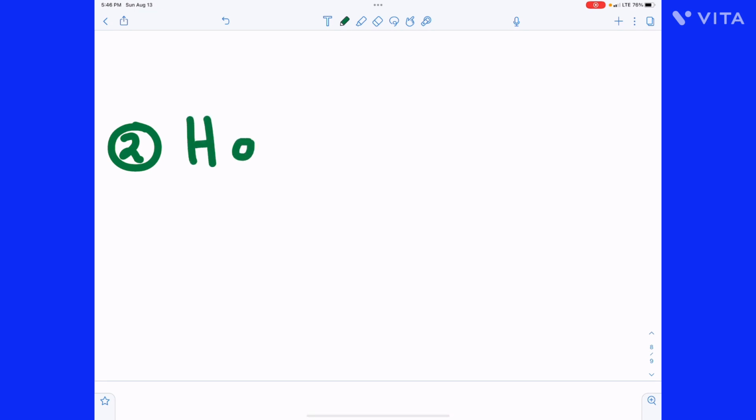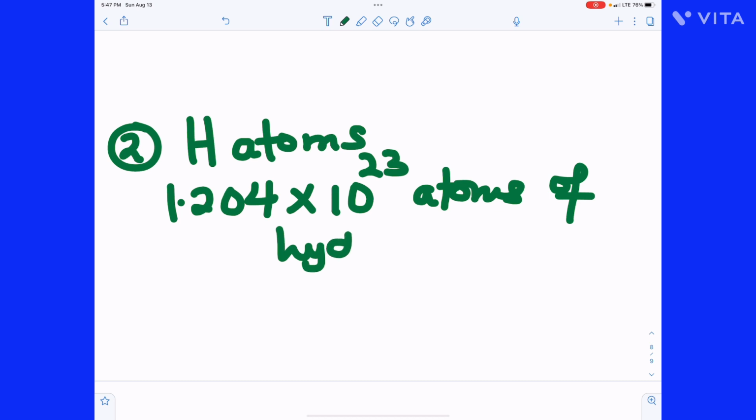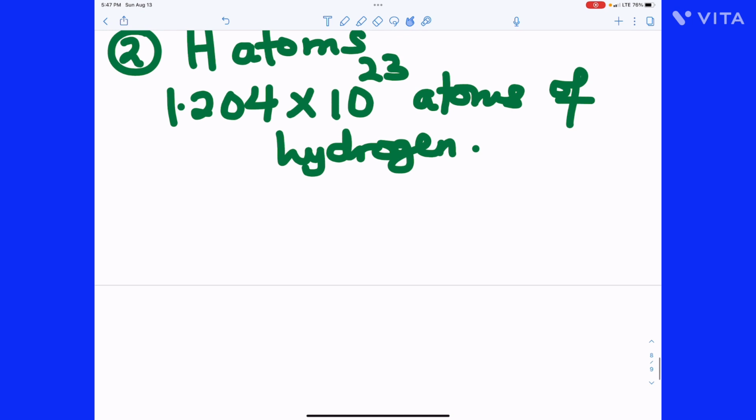The second question says, let me explain the second example again too. The second example says, how many moles of hydrogen atoms are in 1.204 times 10 raised to the power 23 atoms of hydrogen?